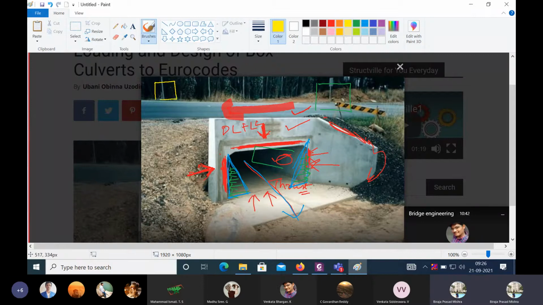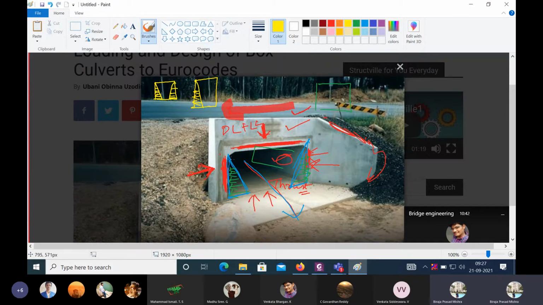Let us say this is the cross section of the box culvert. Then the loading will be like this, and like this, the triangular loading. The arrow direction will be this on this side. Again I am drawing, see, this will be the direction of the force due to the water.